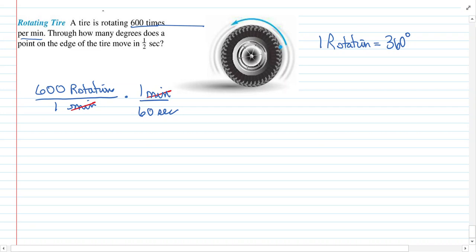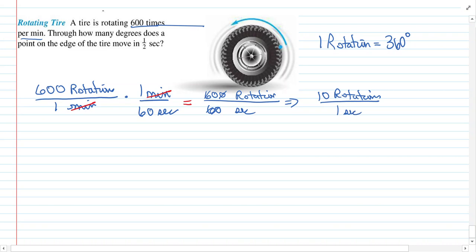But I don't need 60 seconds, do I? I need a half a second. So this will give me rotations per second first. Let's do that math first. So if I do this math, I'm going to have 600 rotations per 60 seconds. If I divide by that 60, I get 10 rotations per 1 second.